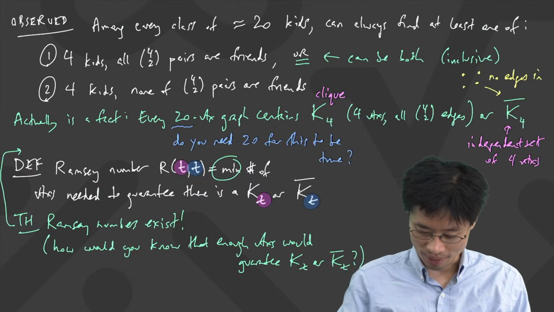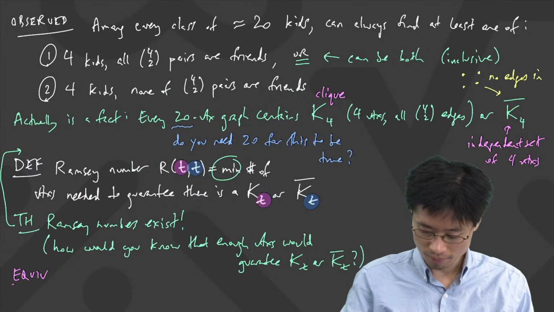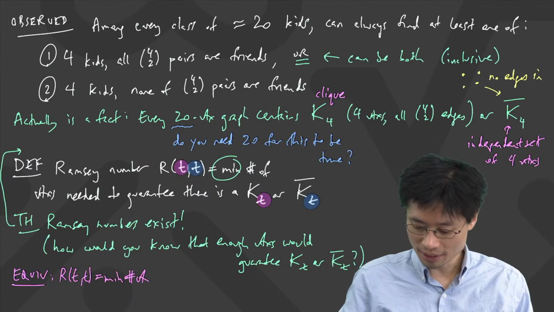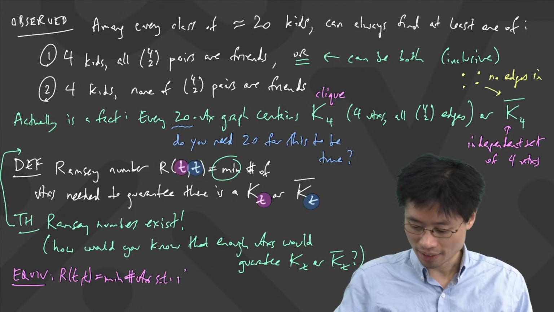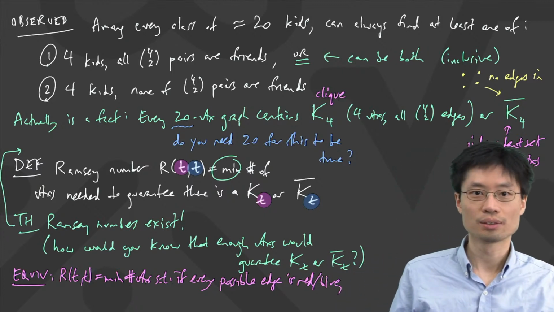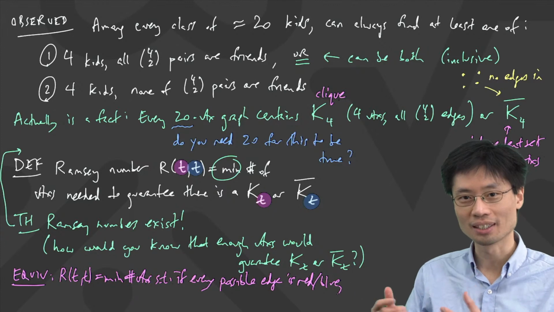So I'm going to write equivalently: R(t,t) equals the minimum number of vertices such that if every possible edge is red or blue, then you get a monochromatic K_t, all the same color.